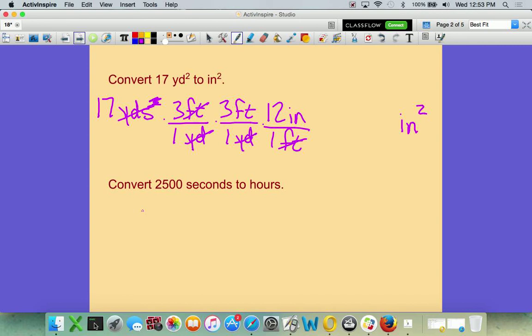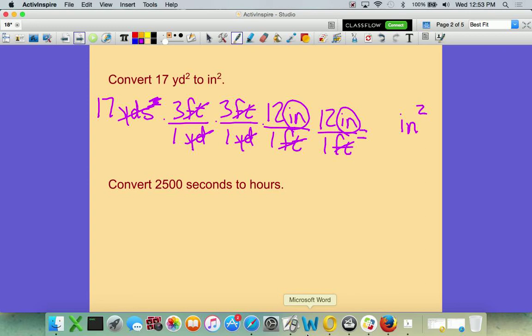Alright, so there goes one of the feet. We gotta do it again. 12 inches in 1 foot. Alright, and then there goes that feet, and now we're left with inches squared as our label. So then we just need to multiply this out. You need to make sure that the conversions are correct. You need to be very careful with them.